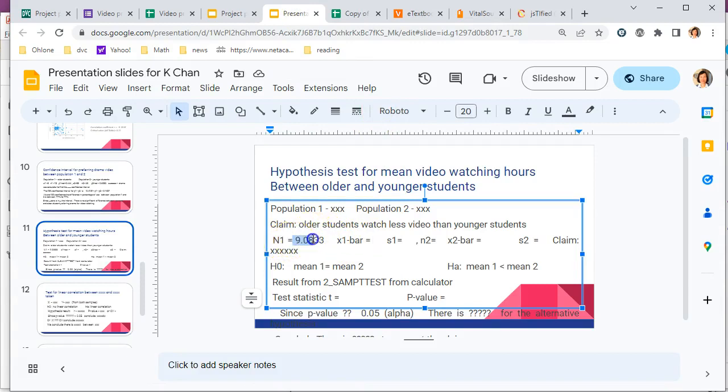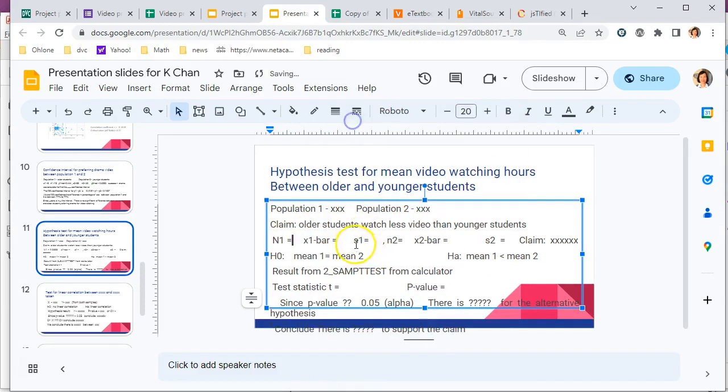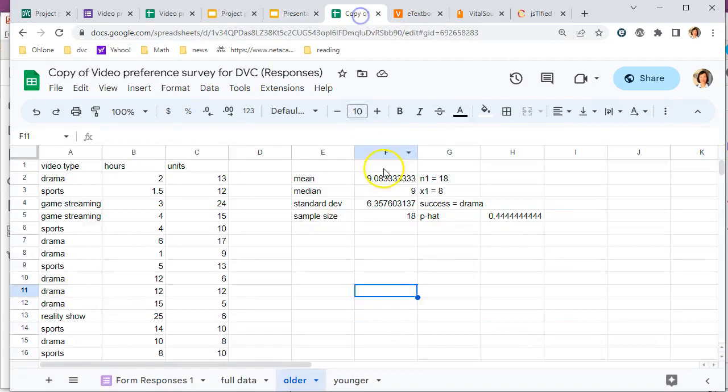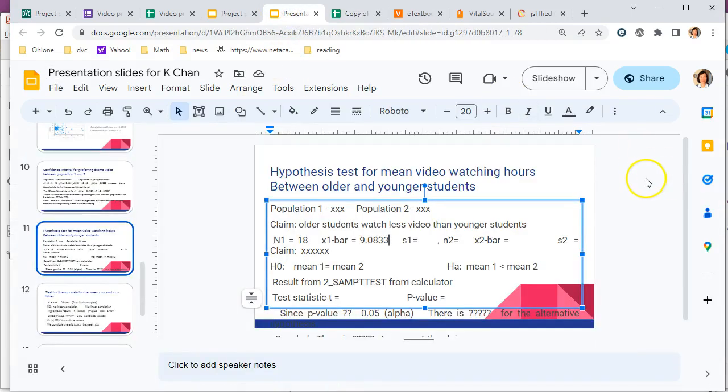No, this is not N1, this is X1 bar. Cut. Okay, paste it. Control V. N1 was, I think we have 18 students only. And S1 was, took a long time to copy. This is for the older one, 6.3576. And N2 is 63.